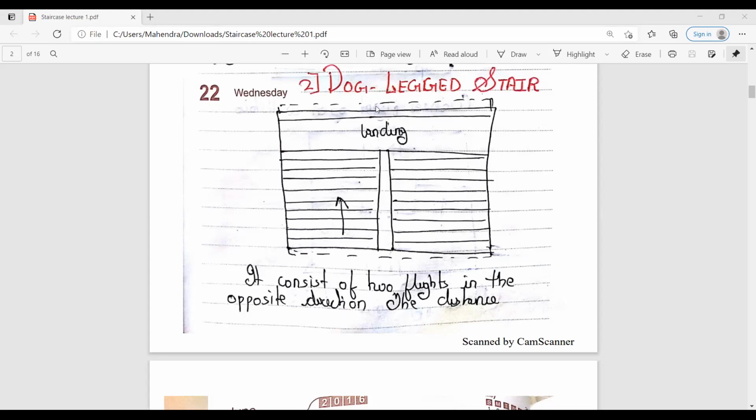Okay, done. You can write the description also if you want. Otherwise, I will share this PDF with you. If you don't want to write the description, it's okay. But if you write the description, you will understand when you read it.